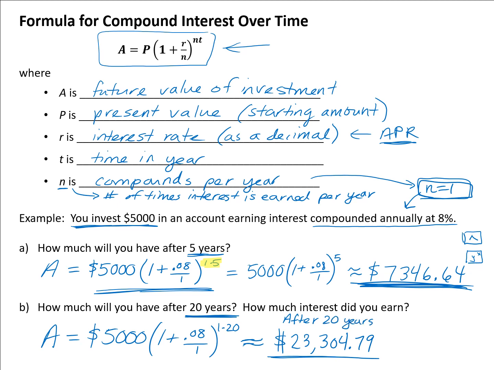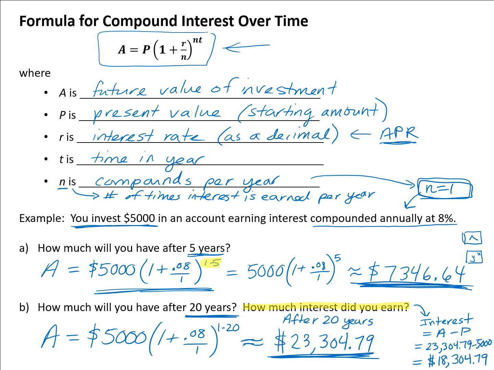Now, I have one more question here, and that is, how much interest do we earn after those 20 years? Well, remember, the interest is always going to be equal to what we end up with, A, minus what we started with. So if I take what I ended up with, which is $23,304.79, and subtract what we started with, which was 5,000, so 23,304.79 minus 5,000, we'll get the interest as being $18,304.79.